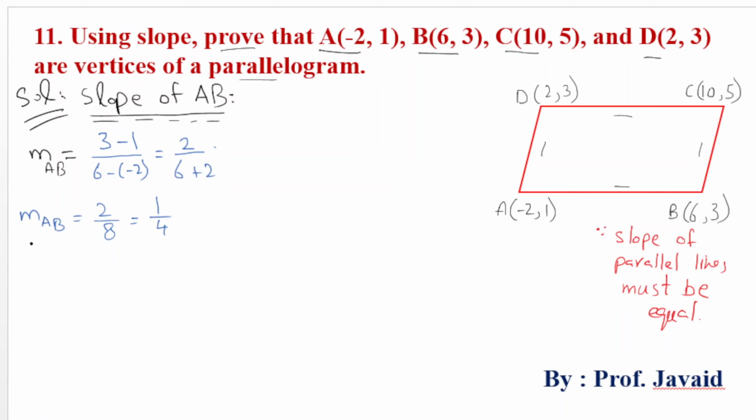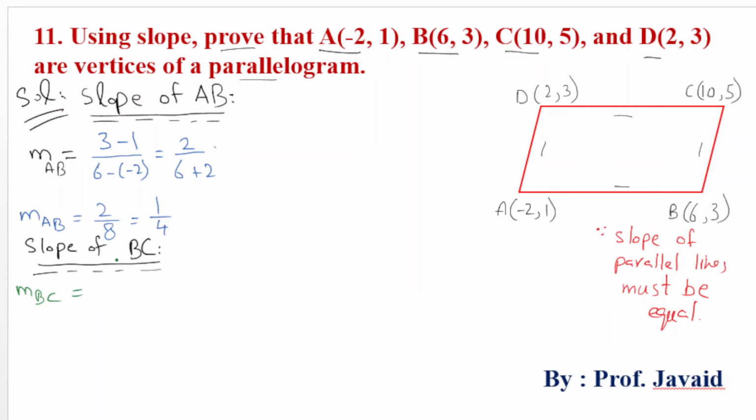Now move toward the slope of BC. In a simple way we will find the slope of BC, y2 minus y1.